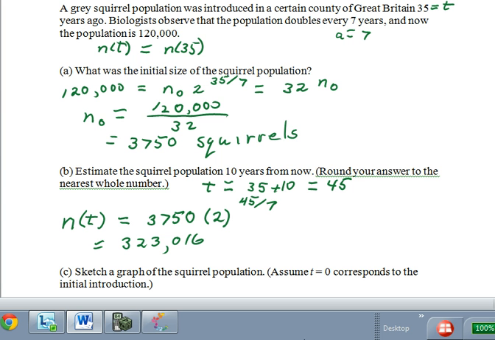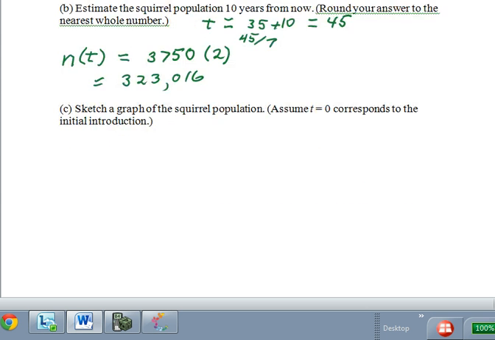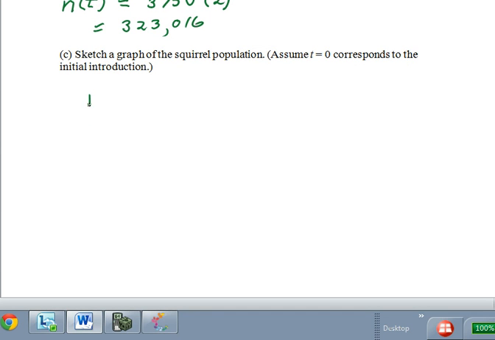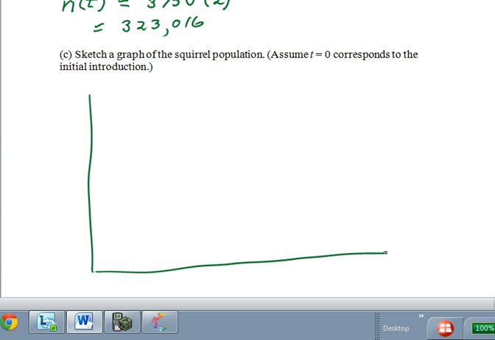And now we're going to sketch the graph. You're going to see a characteristic exponential graph for base bigger than 1. We've got base 2.